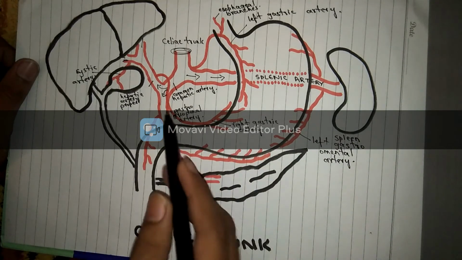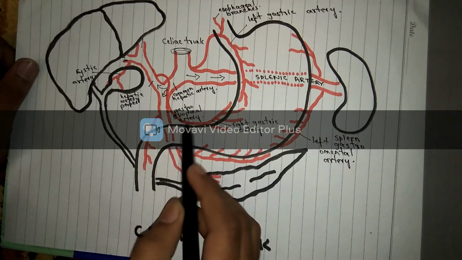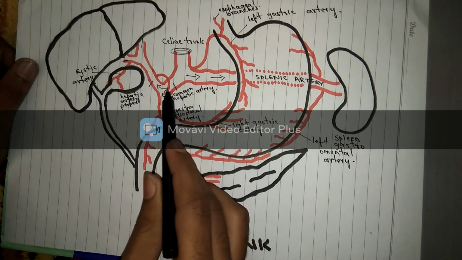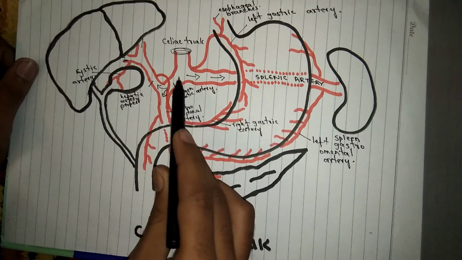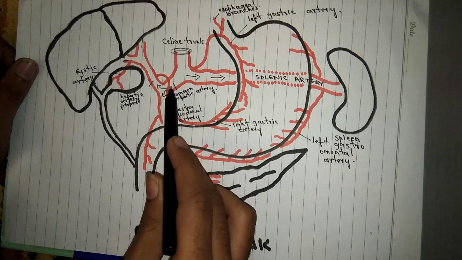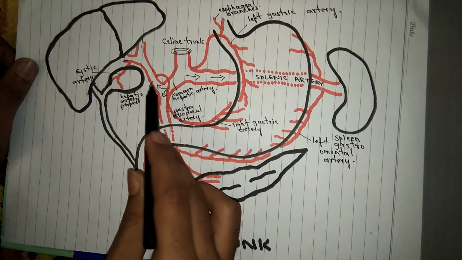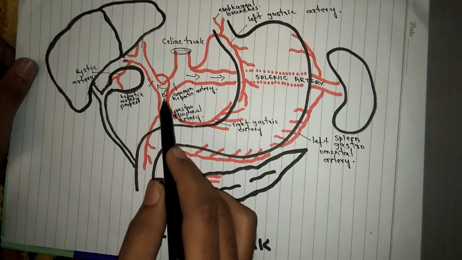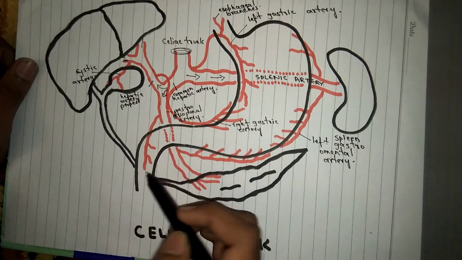Okay, now let's talk about the gastroduodenal artery. So we had the common hepatic artery arising from the celiac trunk, which branched into the hepatic artery proper, which we have seen, and the gastroduodenal artery.